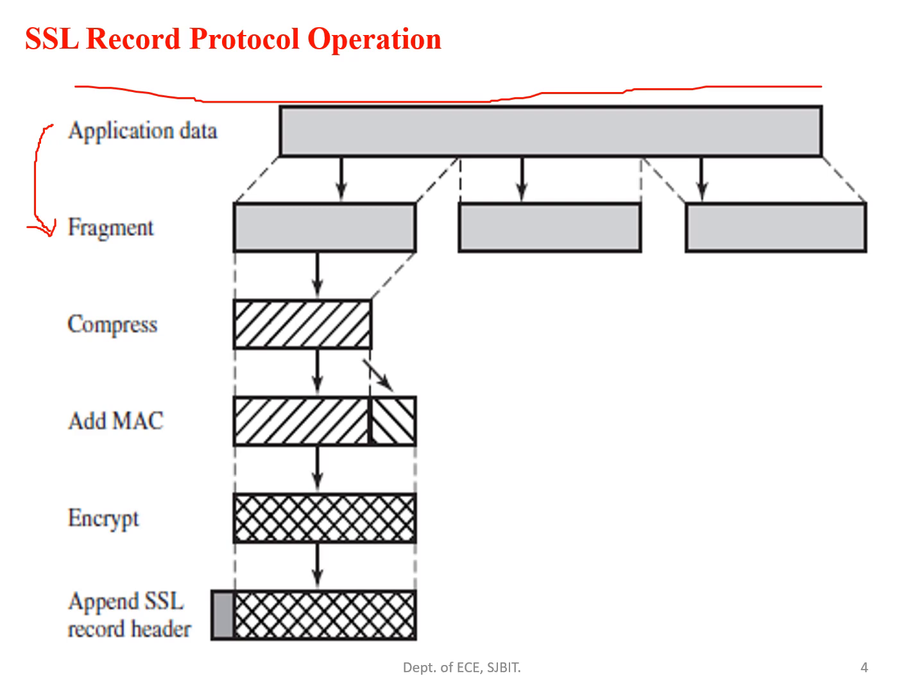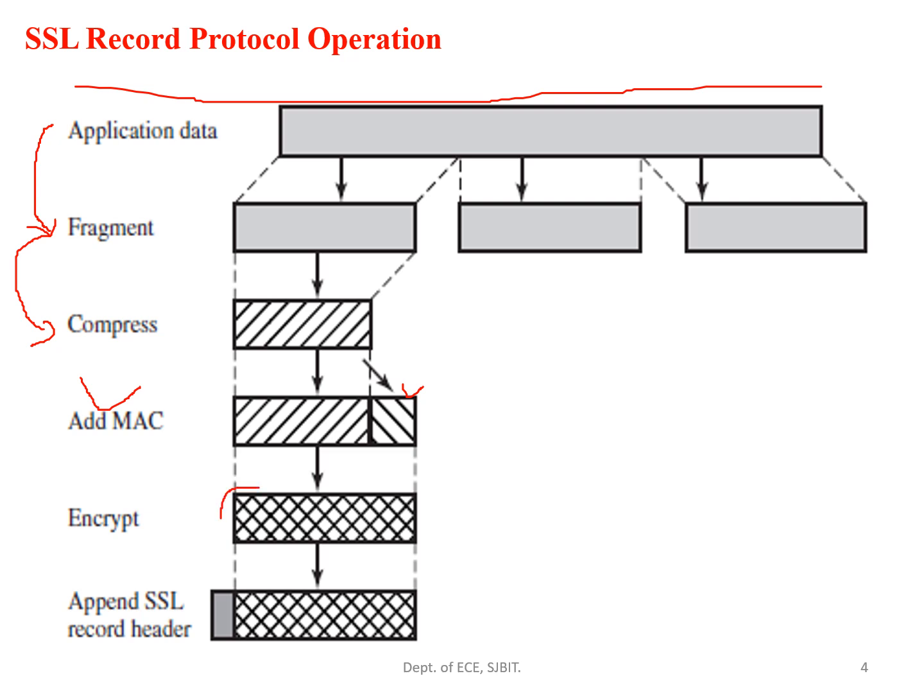Then after fragmentation, we are going to compress each block. Compression means reducing the data size. Then we are going to add the message authentication code. Afterwards, we are going to do encryption.